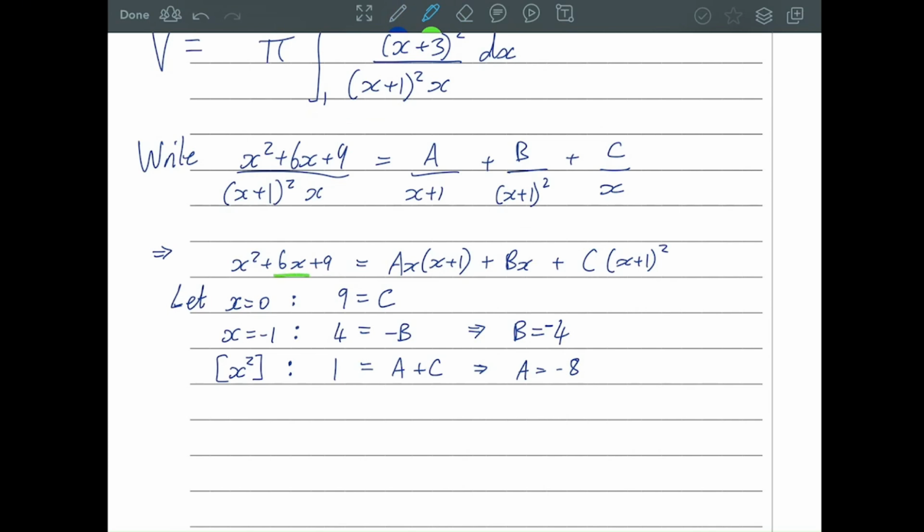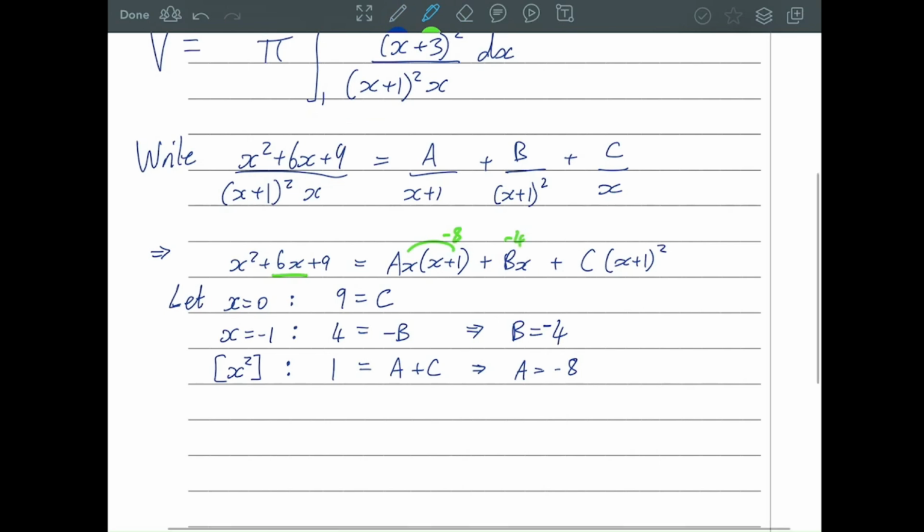If I look at the linear term, that's going to come from Ax, which is a minus 8, Bx, which is a minus 4, and the C, which gives me a 2x, is a plus 18. Yeah, minus 4, minus 8, plus 18 does indeed get me to the positive 6. So my slight worries of there being too many negatives actually just didn't matter at all.